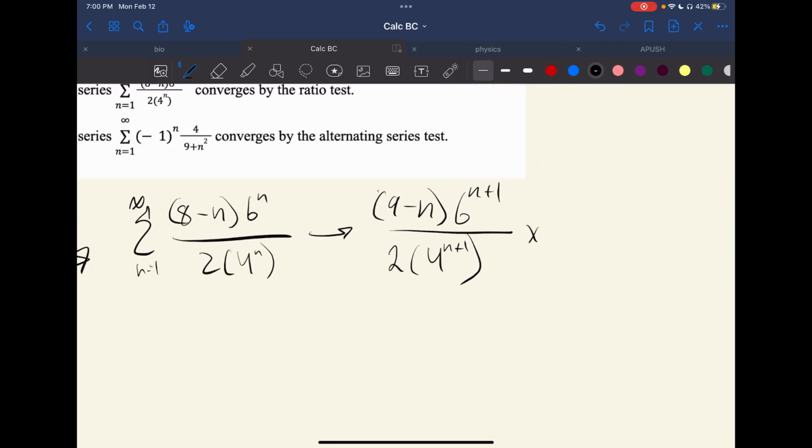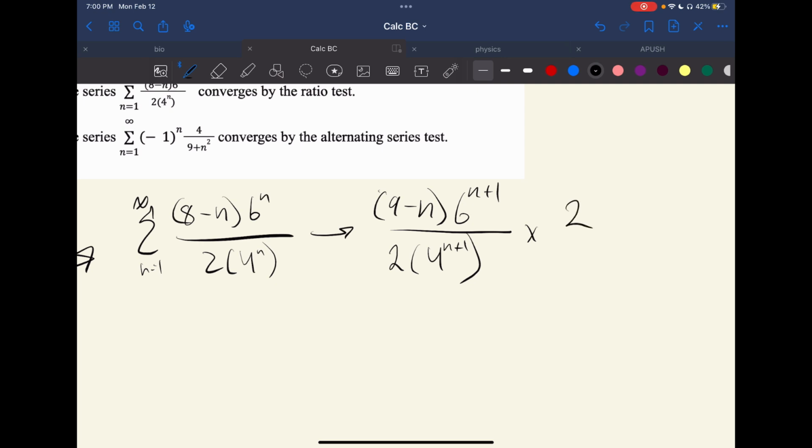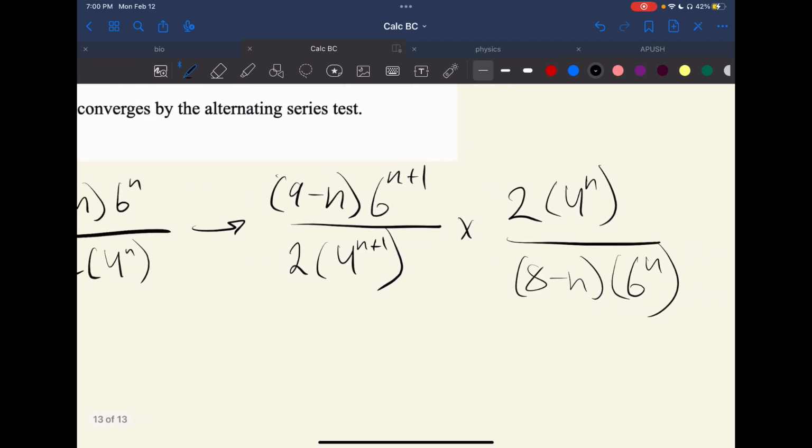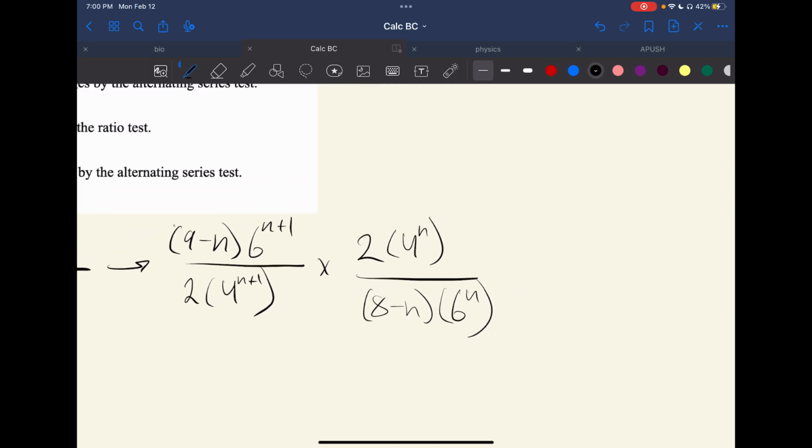But if we're dividing, I'm just going to multiply by and switch the top and bottom. Sorry. 8 minus n times 6 to the n. Okay. So if we do this, let's say we multiply those two together. 2 times 4 to the n, and let's say I'm going to bring this up, the 4.